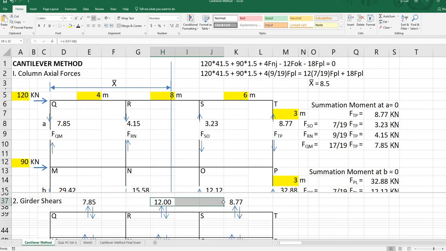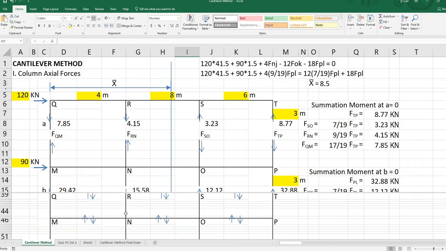Okay, now let's go to beam RS tsaka beam ST. So, turn off ko muna yan. Okay, so let's go here. This force now happens to be the summation forces at node R is also equal to 0.